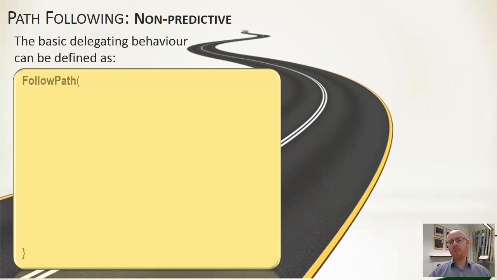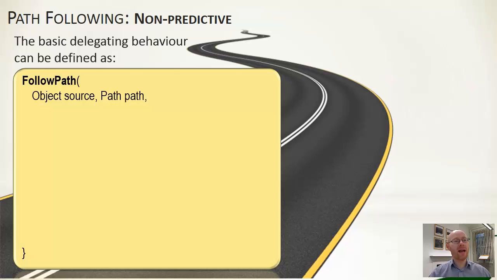There's a couple of different forms of path following, non-predictive and predictive. They're actually quite similar. We'll have a look at non-predictive first of all. It's more simple of the two approaches. Again, it's a delegating behaviour, so we're going to work out a target and we will seek or arrive towards that particular target. So we've got a method, follow path.